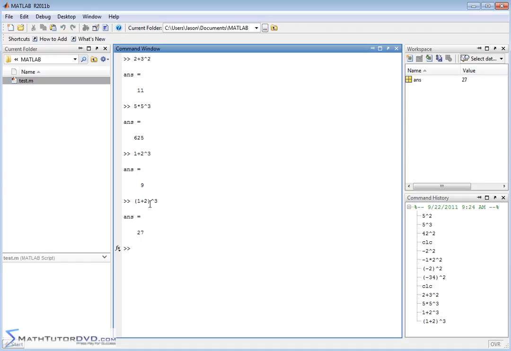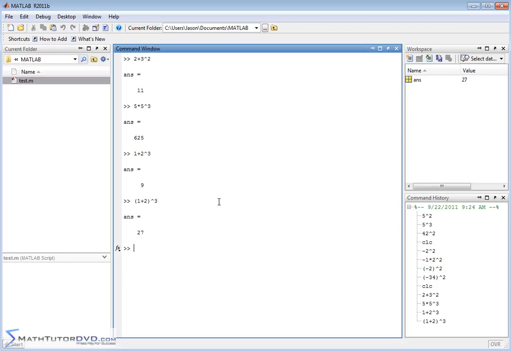See, they look very similar. The only difference is I've wrapped the 1 plus 2 in parentheses. In the first case, we cubed the 2 and then we added 1. In this case, we add 1 plus 2 to get 3. 3 cubed, 3 times 3 times 3 is 27. All right, so that's something to be aware of.